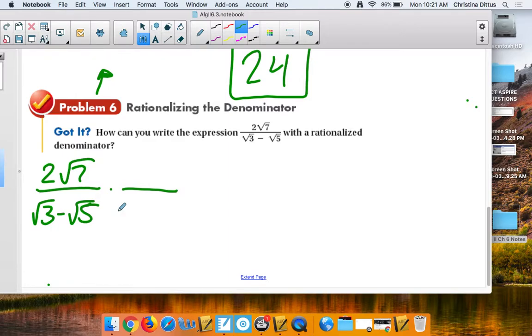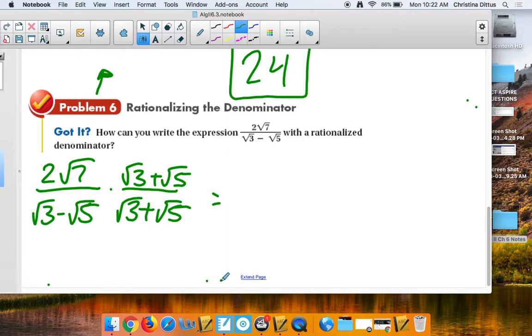Square root of 3 plus the square root of 5. If I multiply that on bottom, we'll have to multiply by the same thing on top. Square root of 3 plus square root of 5. Okay. Everybody with me so far?